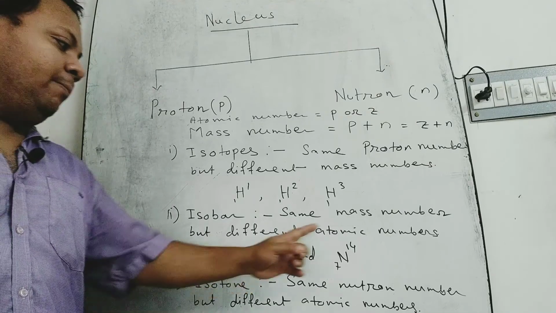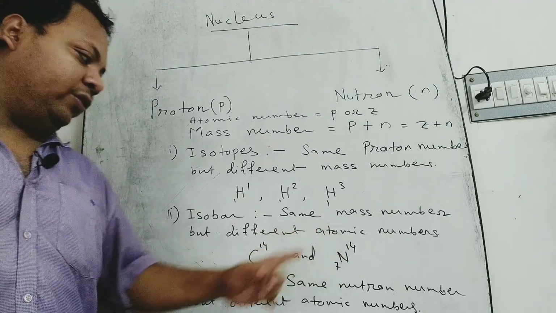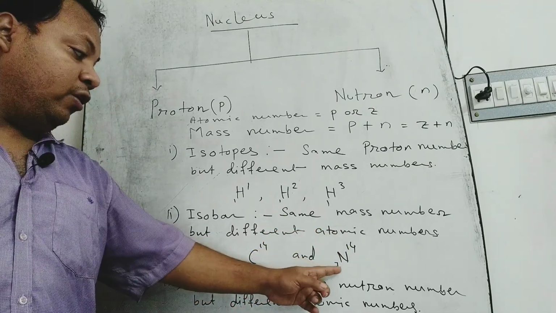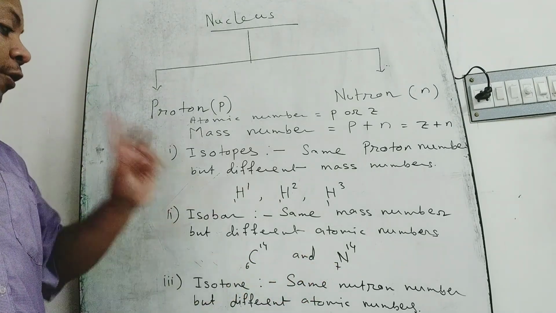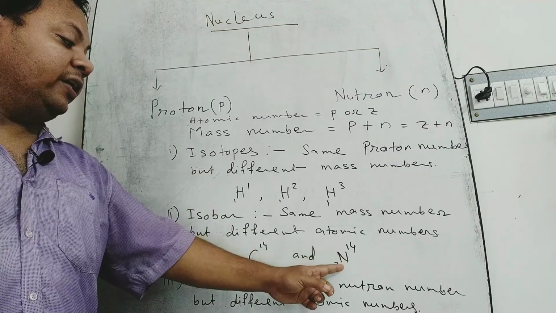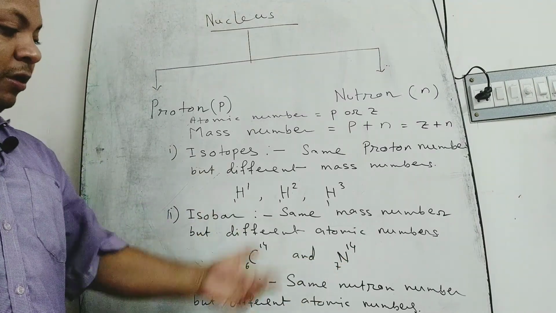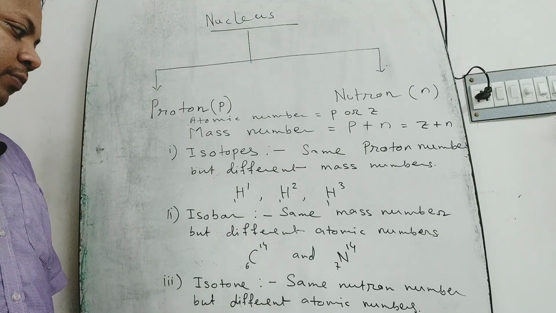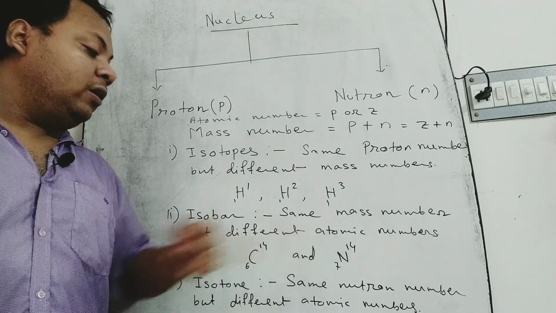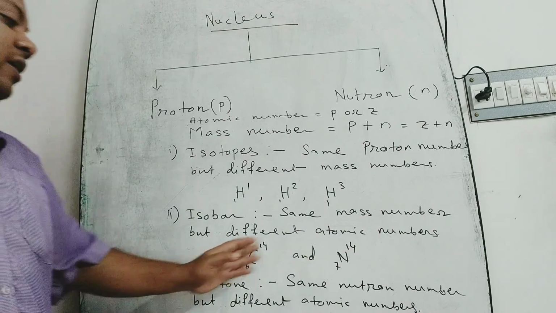They have the same mass number, that is 14 and 14, but different proton or atomic number. Carbon has 6 protons and nitrogen has 7 protons in their nucleus respectively. That's why their chemical properties are different.